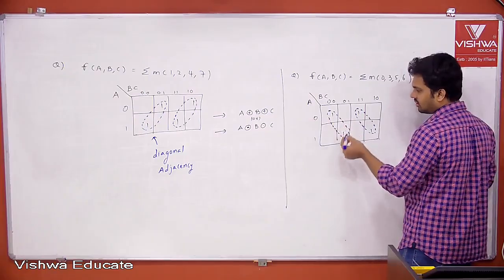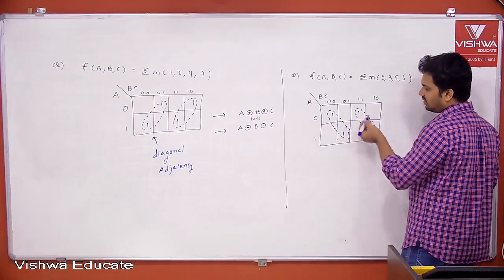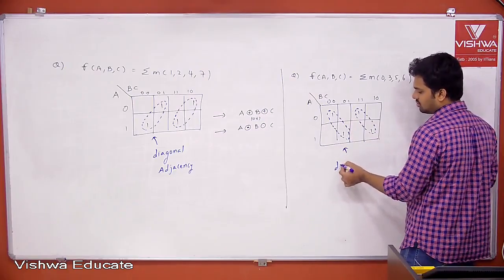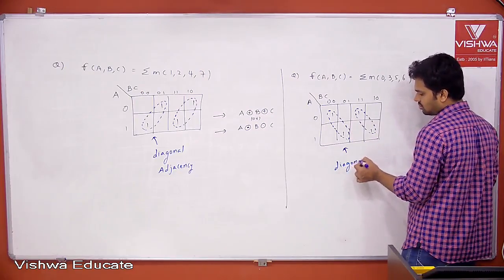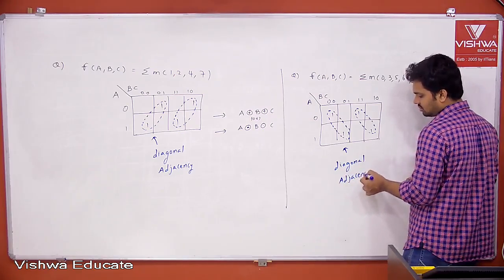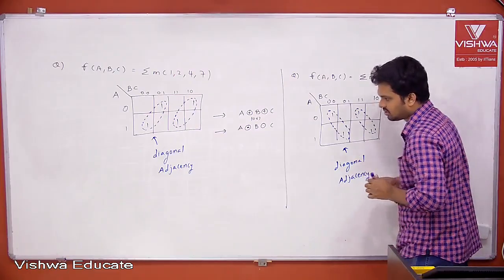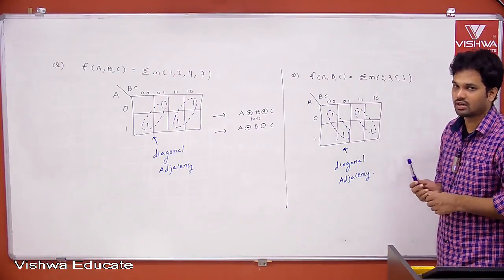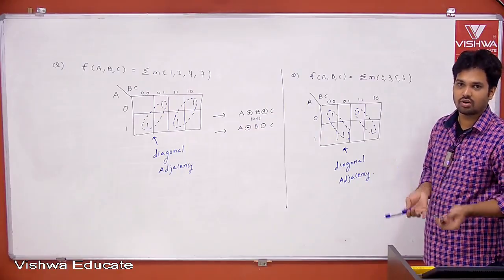It is not a pairing, just to show you they are diagonally adjacent cells. So here also the diagonal adjacency condition is satisfied, so the answer must be XOR, XNOR or a combination of both.